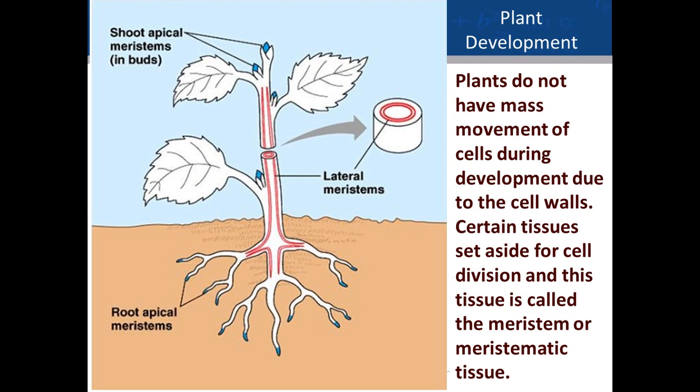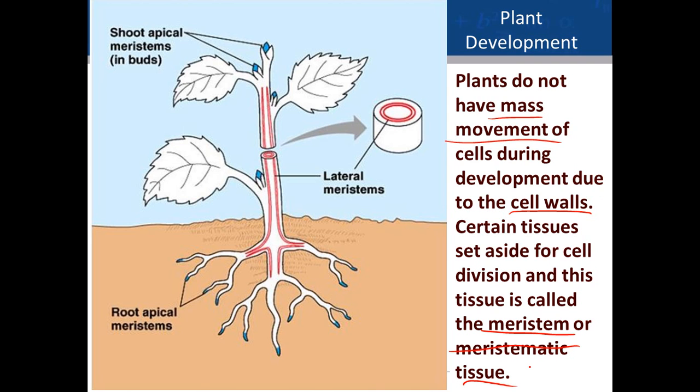And let me just mention something about plants. Plants do not have this mass movement of cells or gastrulation during development. And in part, that's due to the fact that they have cell walls, and so it's very hard for cells to move. However, in a plant, there are certain tissues that are devoted or set aside for cell division. Those tissues are called meristematic tissue or meristem.